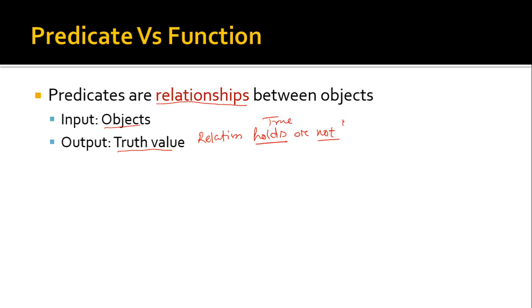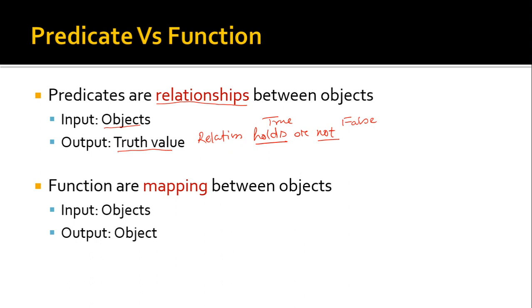If it is not, then the output will be false. So let us see now what the functions are. Functions are not really relations, they are mappings from one object to another object. The input to the functions is again similar, they are objects, but the output is an object.